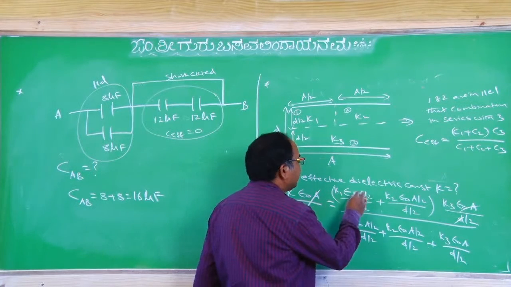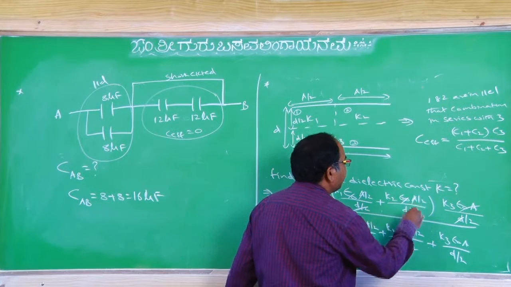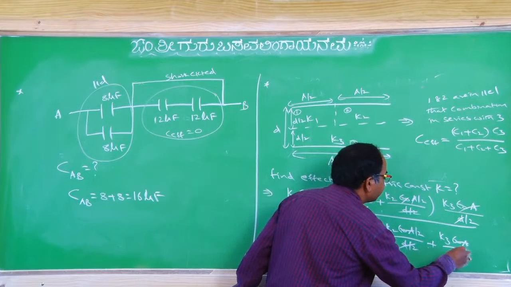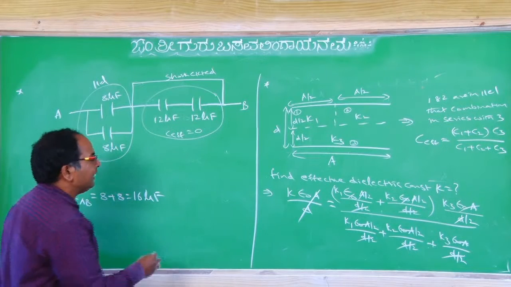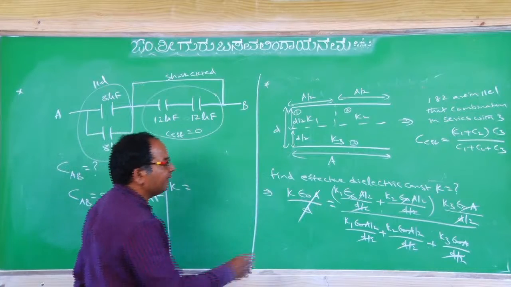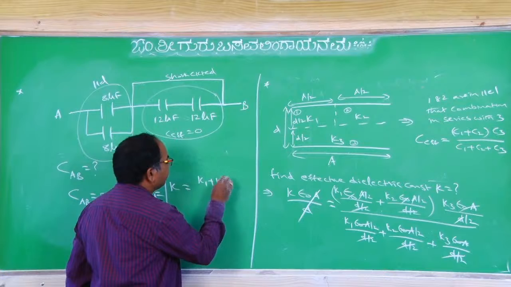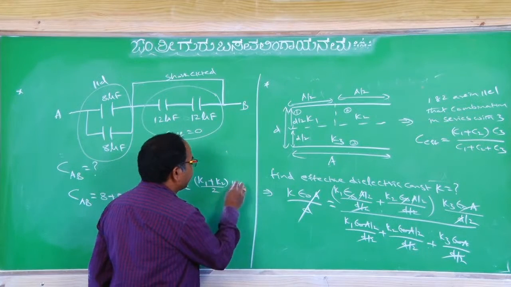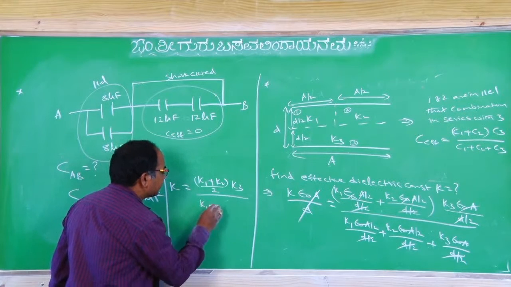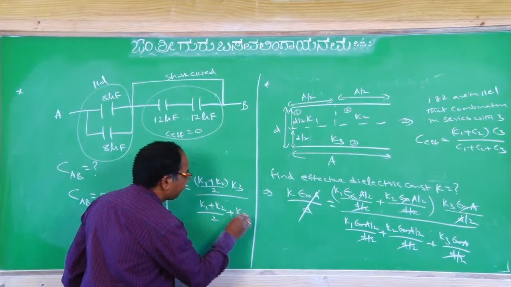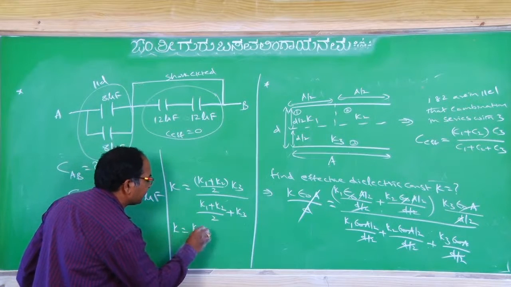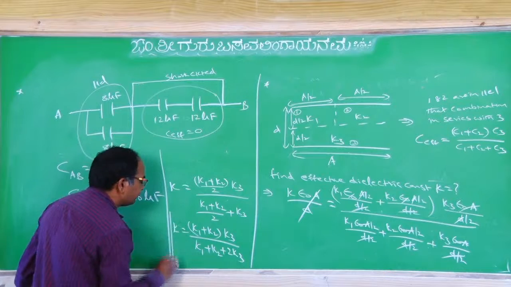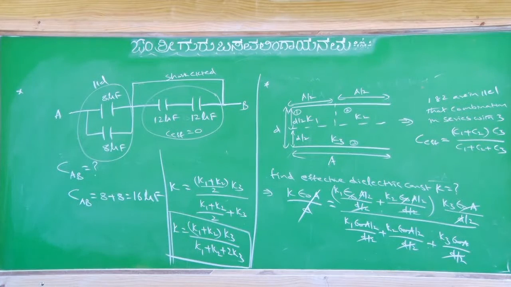Next, here epsilon naught A by D by 2 cancel. So K is equal to what is remaining: K1 plus K2 into K3 divided by K1 plus K2 plus 2K. This is the effective dielectric constant.